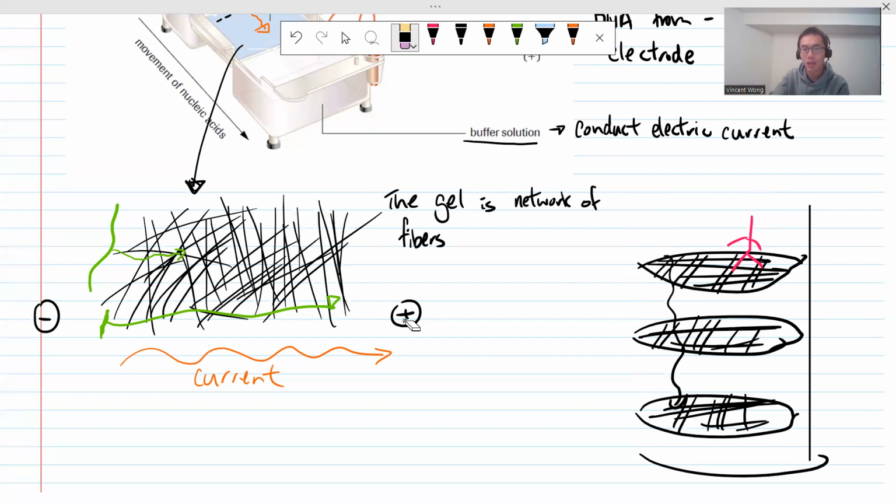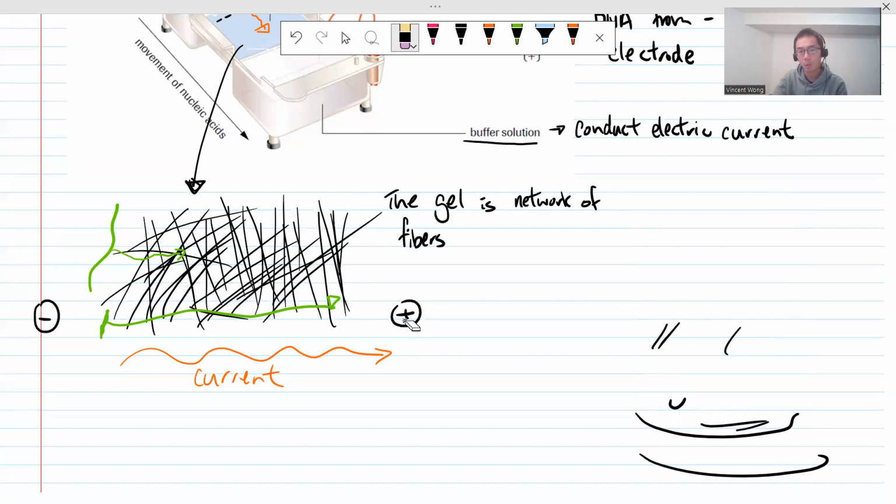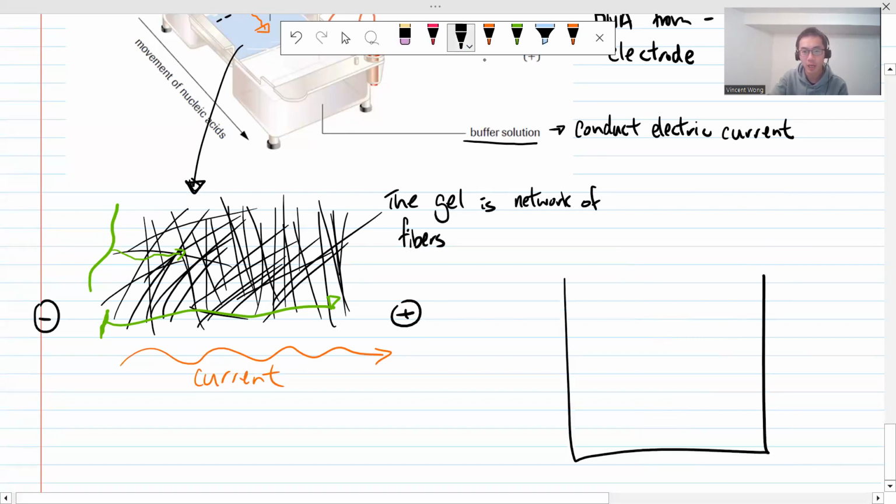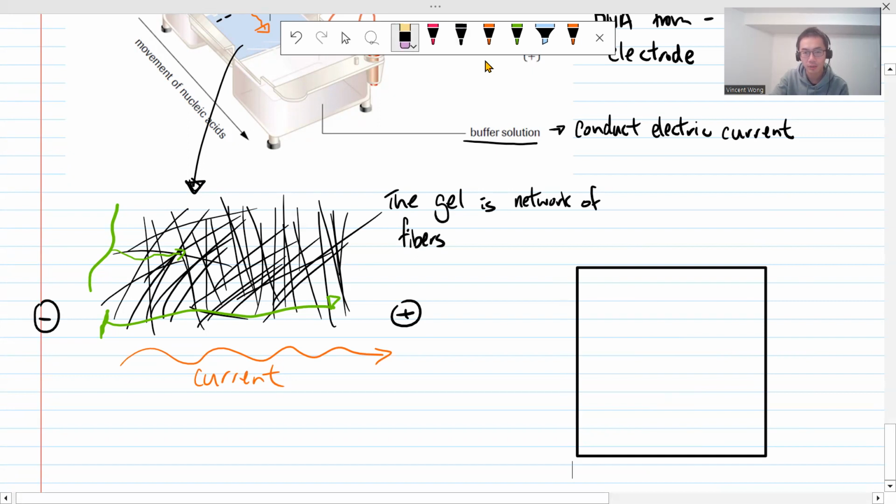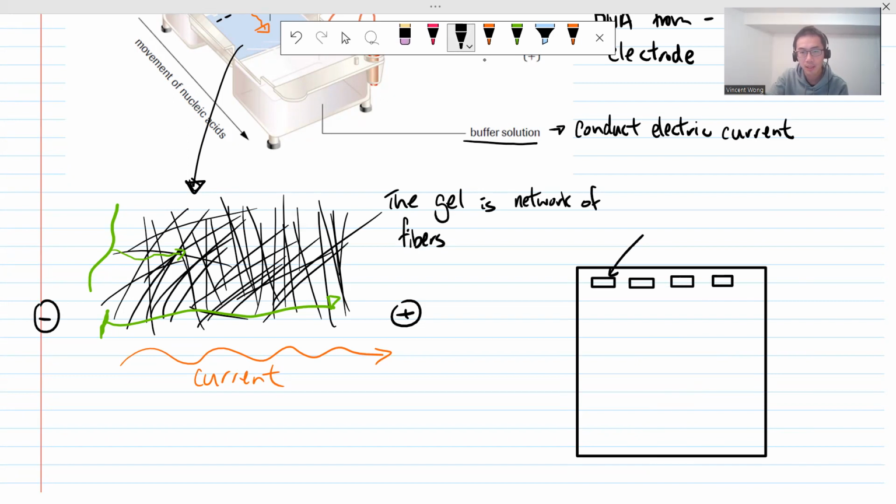So let's take a look at what this will look like. Okay, so here we have a gel, and we have some wells at the top. The wells are where you load your DNA sample, into the well.